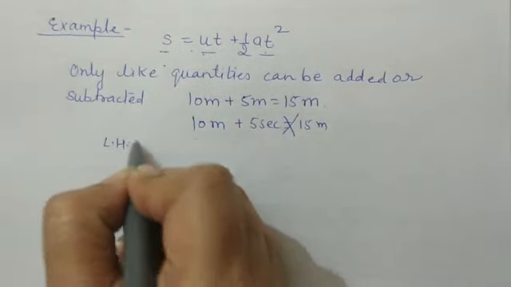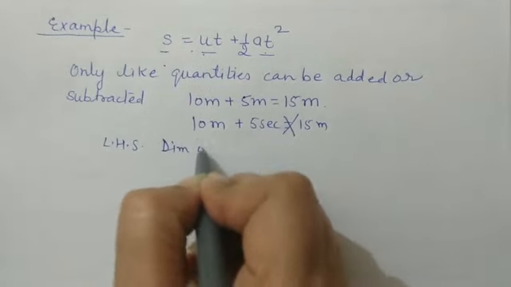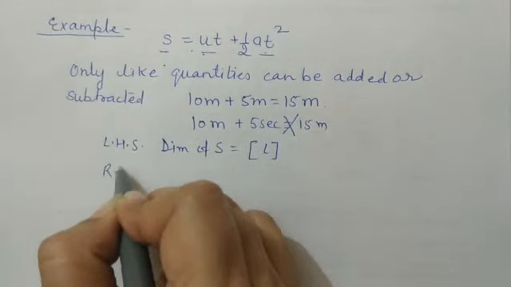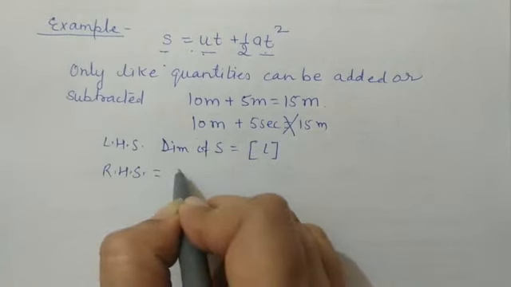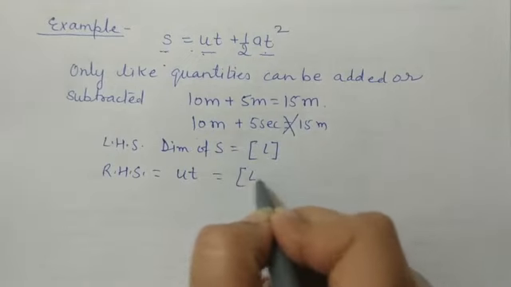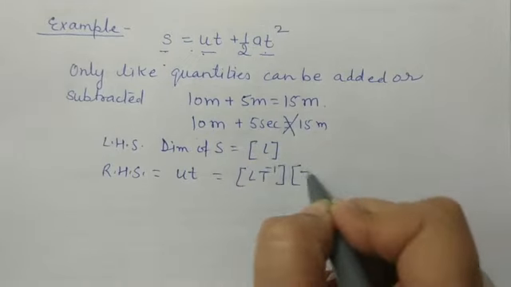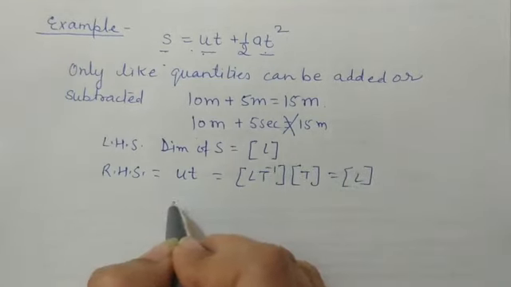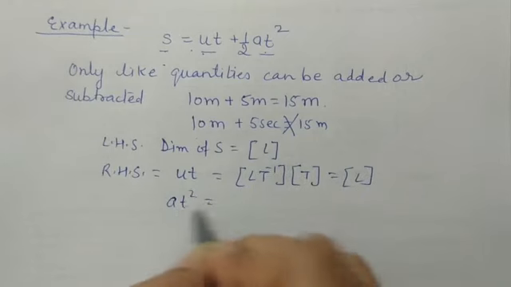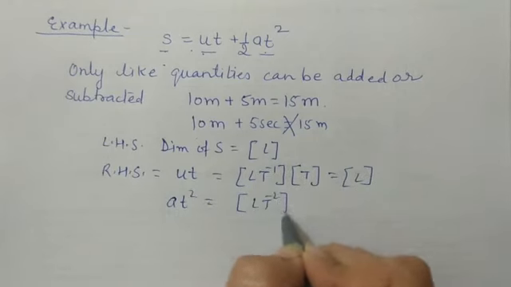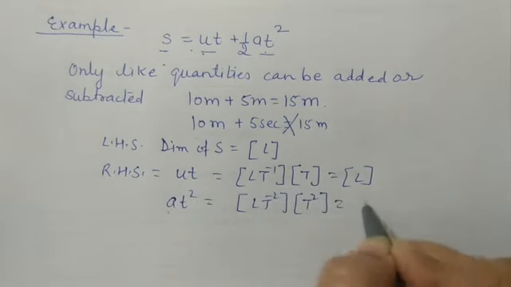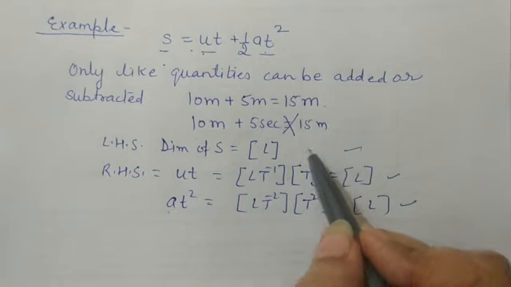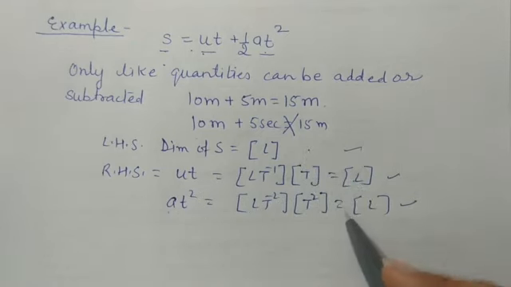So on the left hand side, the dimension of S is length. Right hand side, ut: u is velocity, LT^-1, t is time, so this is also L. When I take half at square, I won't take half because it's a constant; at square, a is acceleration, LT^-2, t square, this is L. So each term on the left hand side as well as on the right hand side has the same dimension.